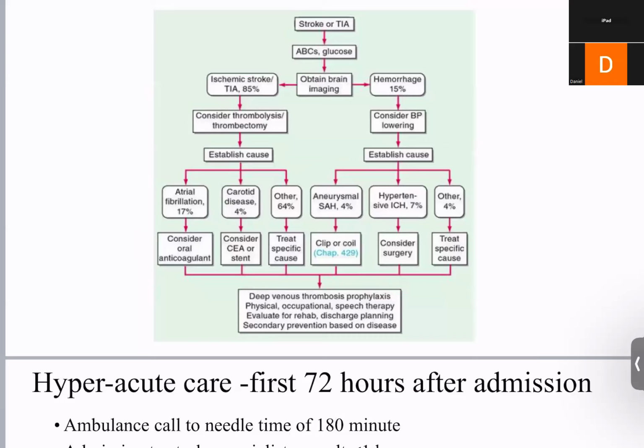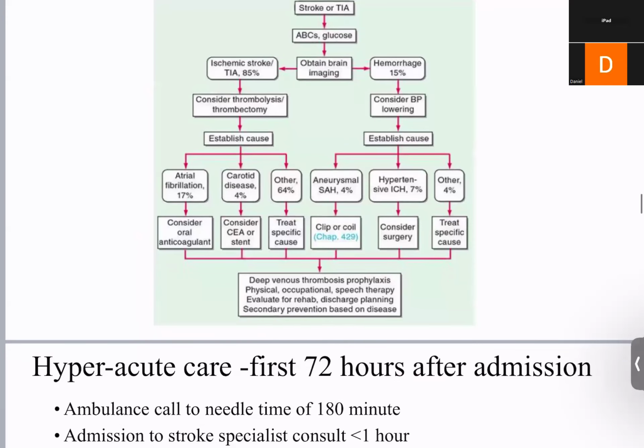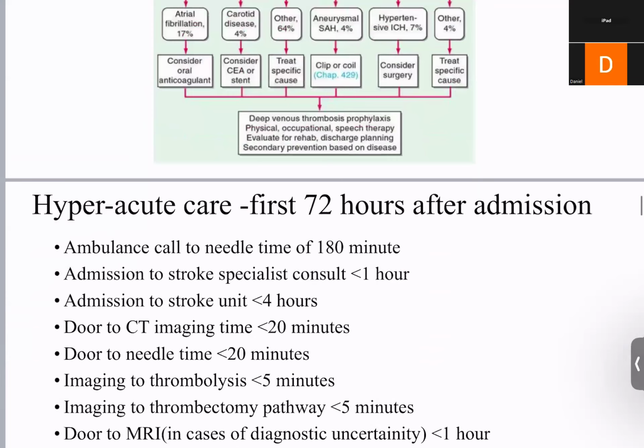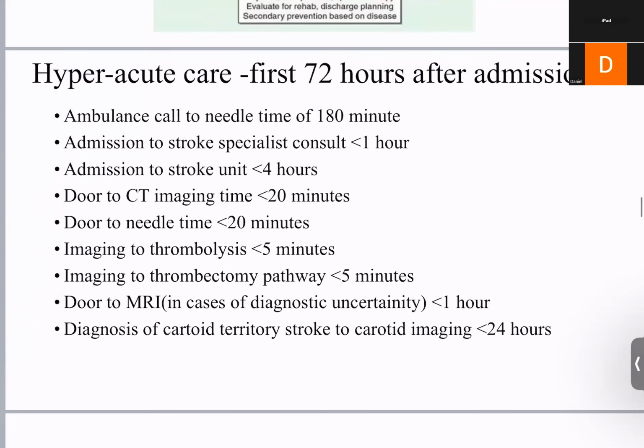After that, we have to establish the cause, like atrial fibrillation, carotid disease, or any other specific cause, and treat accordingly. In addition, all stroke patients should receive DVT prophylaxis, physical, occupational, and speech therapy whenever applicable, and secondary stroke prevention should be given.